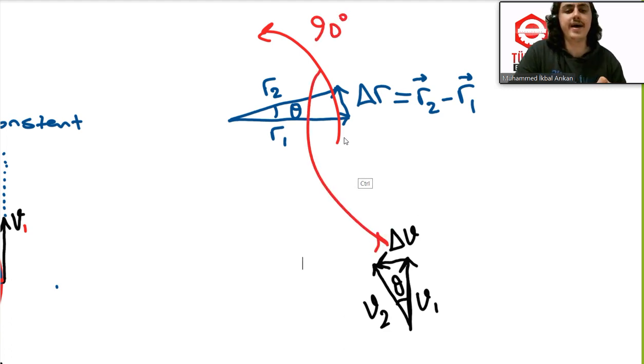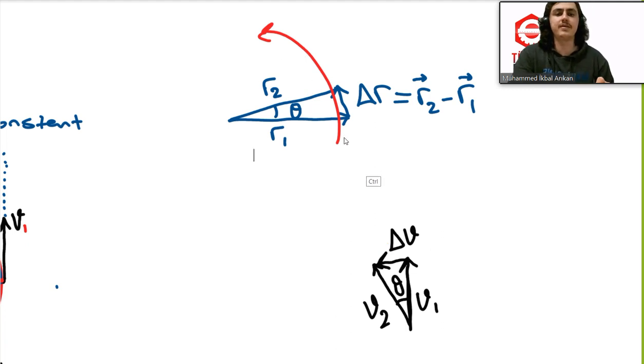So the angles must be the same. The angle theta here must be equal to this one because R1 is perpendicular to V1 and R2 is perpendicular to V2. As you see here, I have a velocity change vector which is between these two vectors.